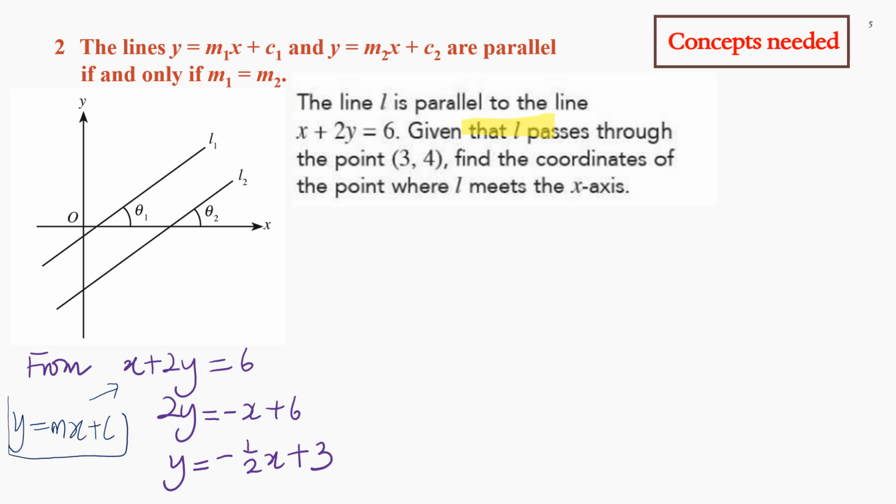Only by rewriting it in the format y equals mx plus c can you actually find out what the gradient is. And here we found that the gradient of this line is negative half. And since L is parallel to this line, L will also have gradient negative half. Alright, so we're going to substitute the gradient negative half and the point 3, 4 into this formula, which is very, very useful to find equations of any line.